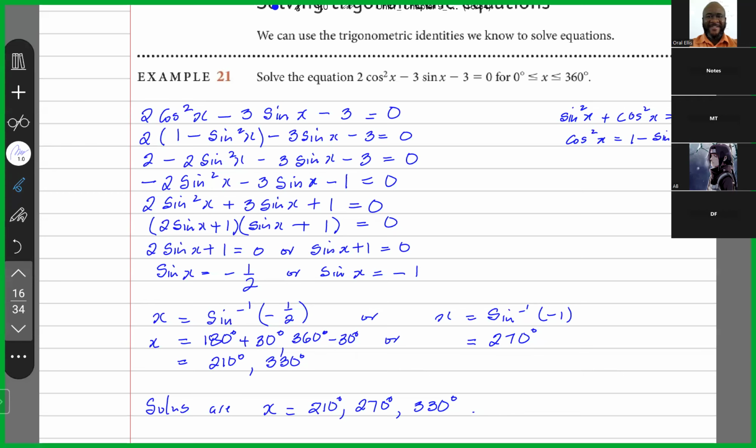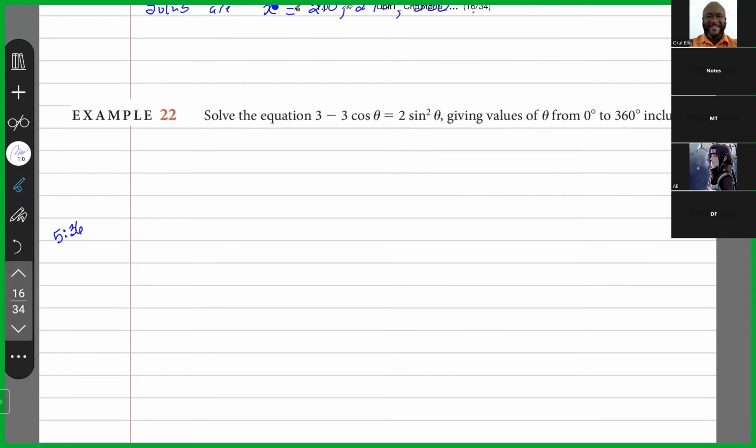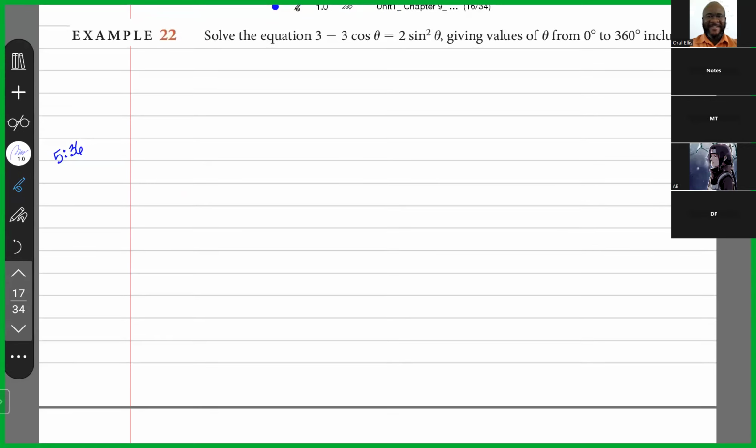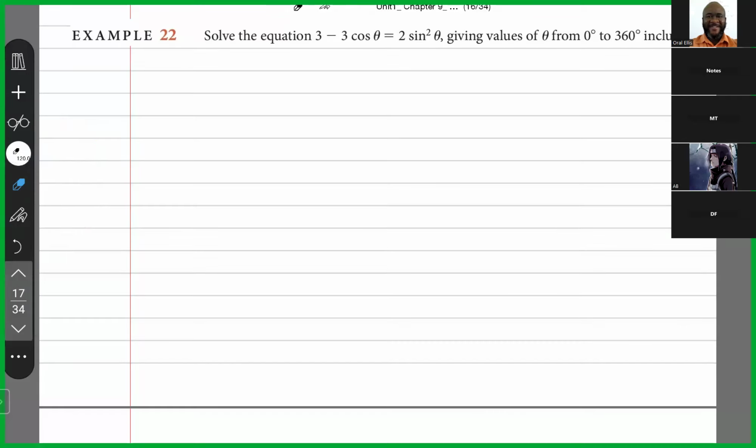All right, let's have a go at example 22. Example 22 is asking us to solve the quadratic equation 3 minus 3 cos theta is equal to 2 sine squared theta.